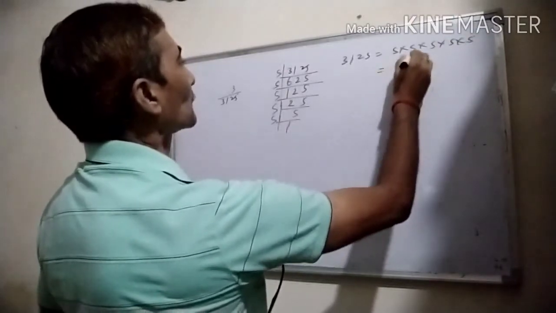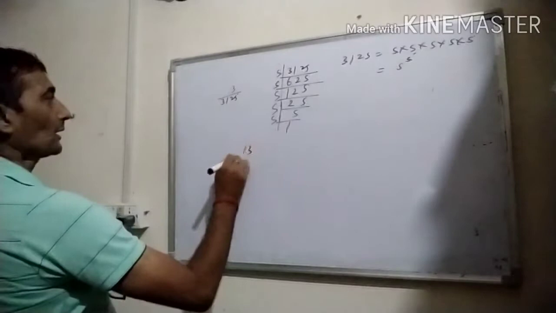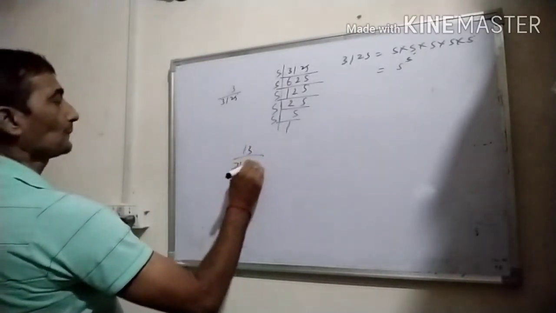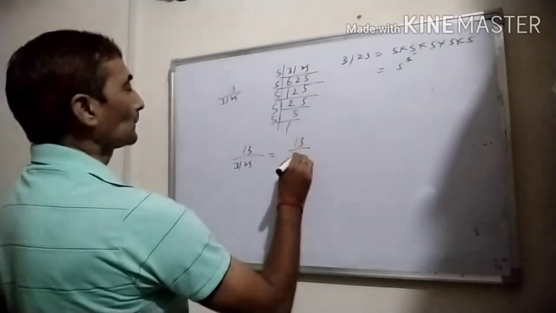That means 5 to the power 5. So 13 upon 3125 can be written in the form of 13 by 5 to the power 5.